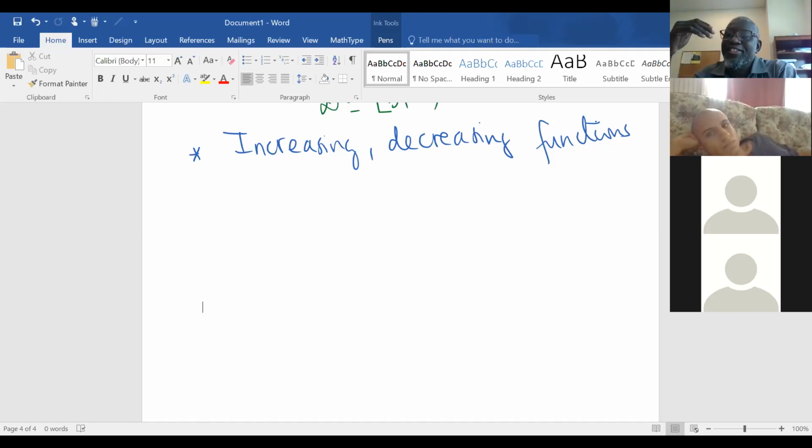If the age is the input, X, what happens when somebody ages? What happens to the health? In general, the health declines, right? Exactly. That is a decreasing function. So we say f of X, f is increasing.